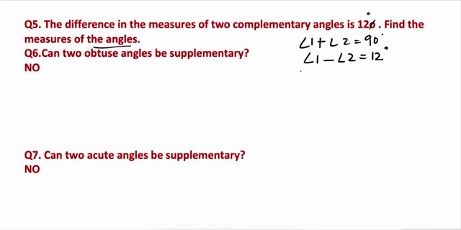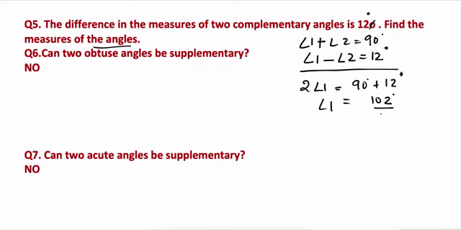So this is a simple equation. 2 times angle 1 will be 90 plus 12 degree, which will come to 102, and angle 1 will be 102 divided by 2, which comes to 54 degree.